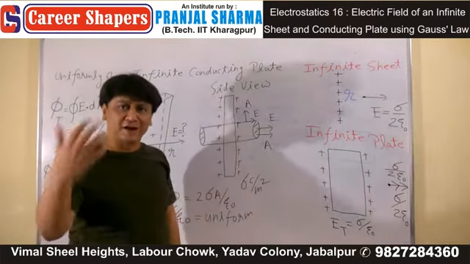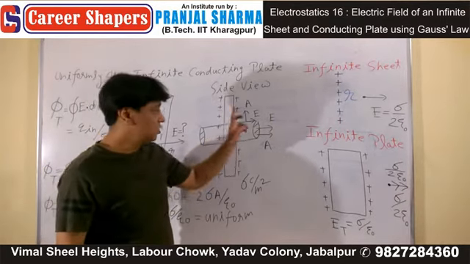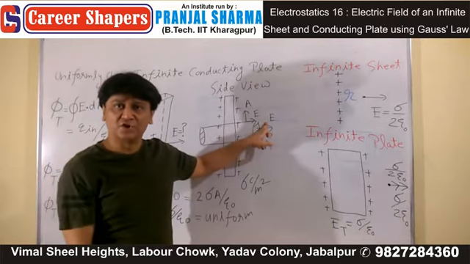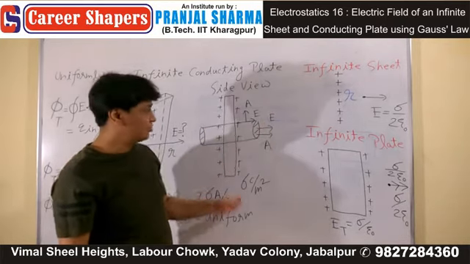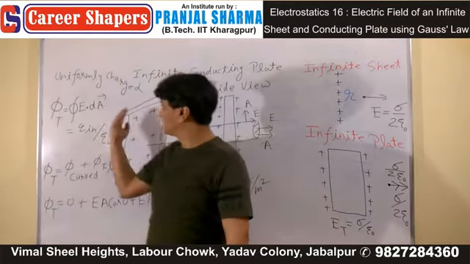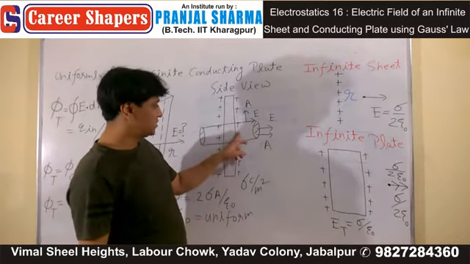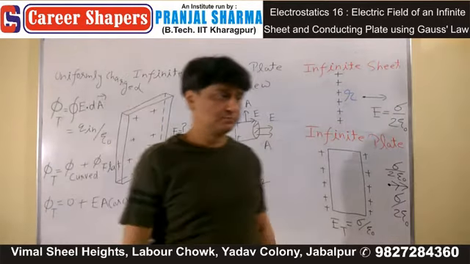You do not differentiate like this or this. We differentiate between this and this when we have to deal with the right side. The right side is Q inside. So for Q inside you will see this charge as well as this charge.